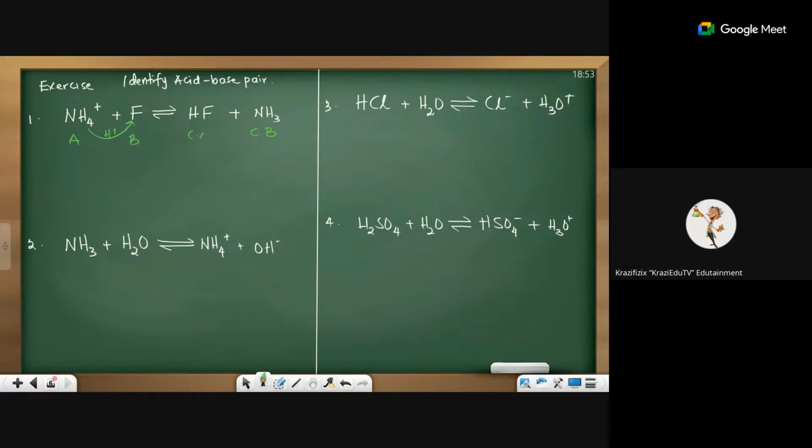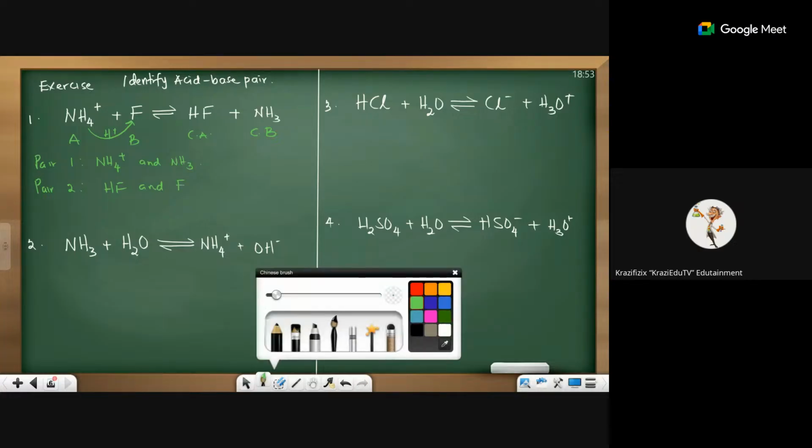A conjugate what? Acid. So what's my pair one? My first pair will be NH4 plus and what? NH3. My second pair, let's write the acid first. What's the acid? HF and what? Oh, actually, there's a minus there. This should be F minus.